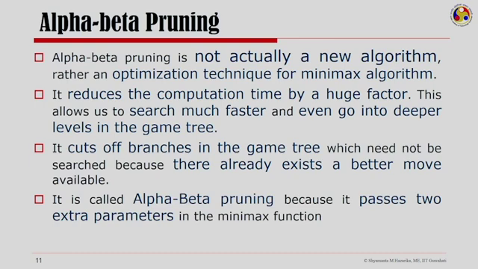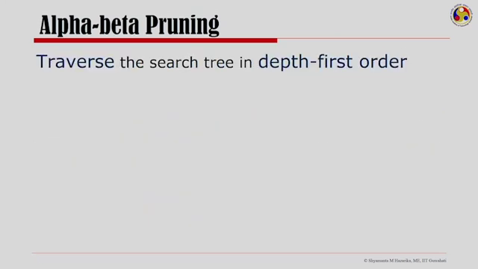Now it is called alpha beta pruning because it passes two parameters in the minimax function, one called alpha and the other called beta. We will now focus on what is alpha, what is beta, what is an alpha cutoff and what is a beta cutoff. When we are doing the minimax procedure, minimax traverses the search tree in depth first order.